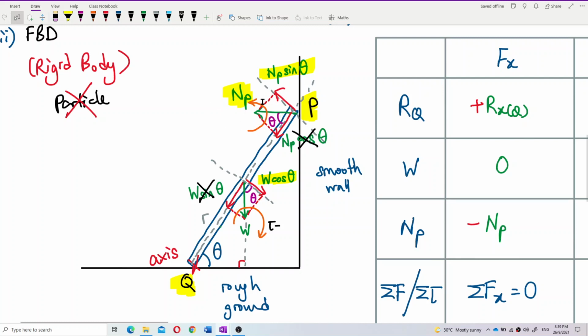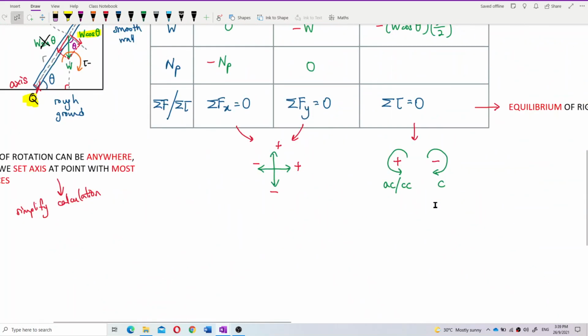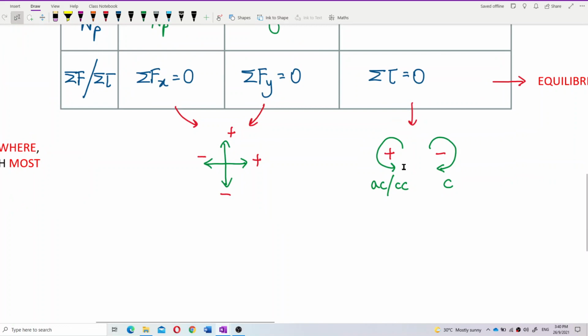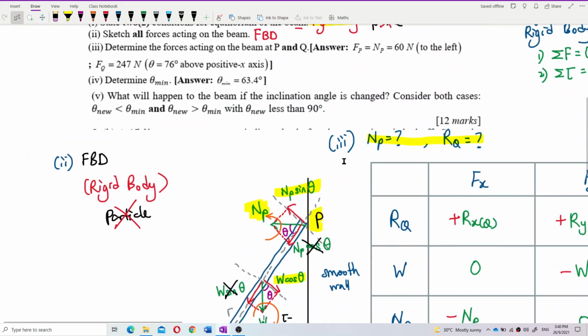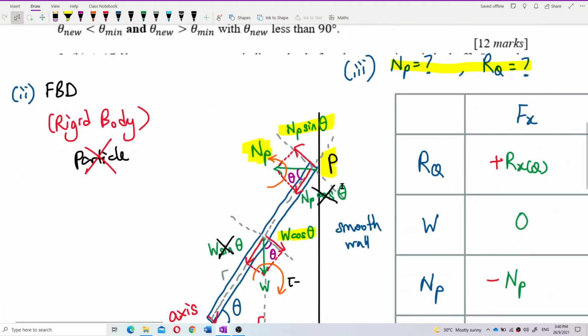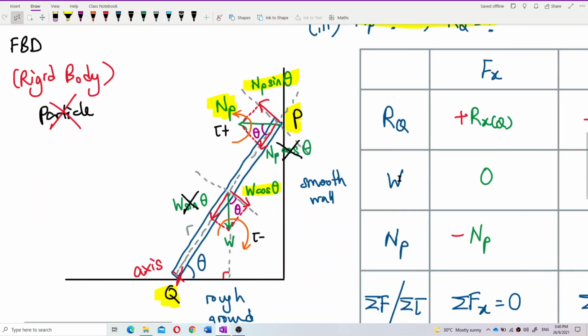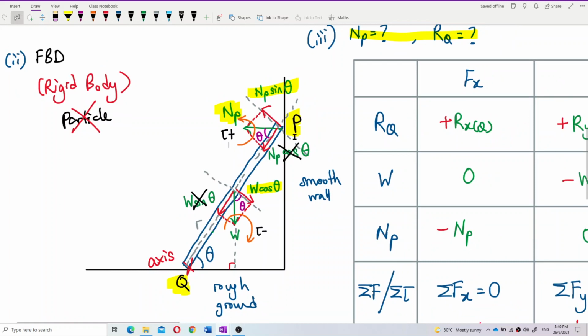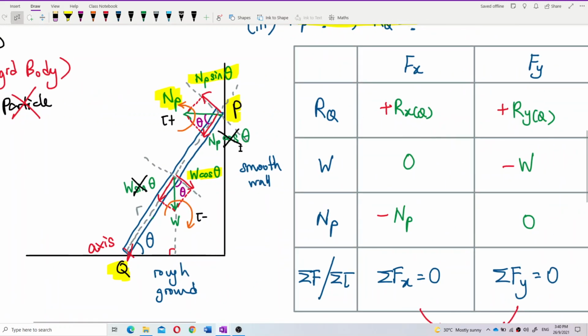See that? This is anti-clockwise, and anti-clockwise is a positive torque. So we label it as a positive torque. Understand? This one will make the object rotate anti-clockwise.